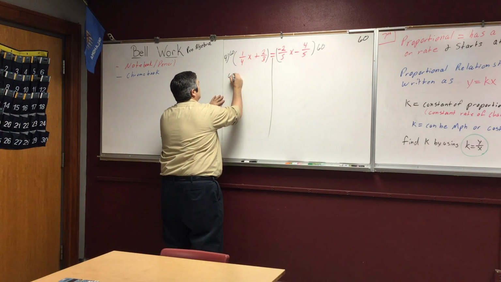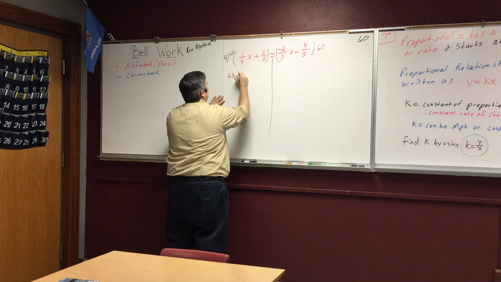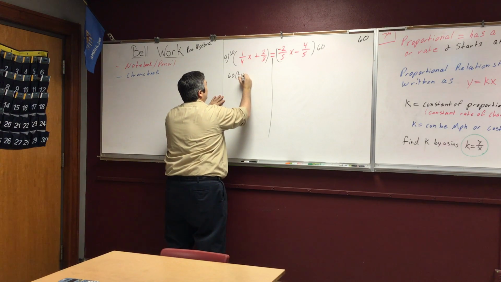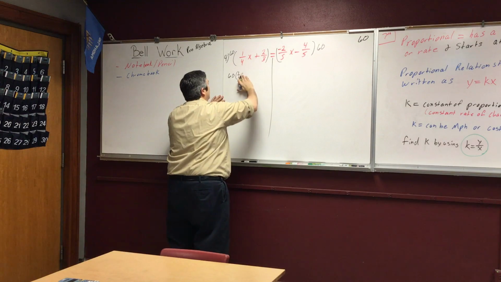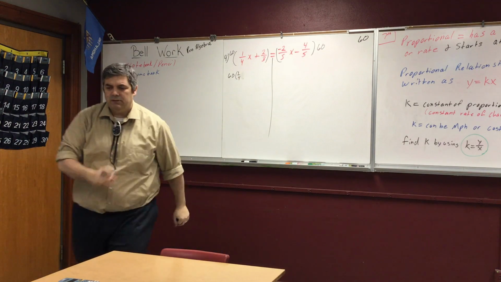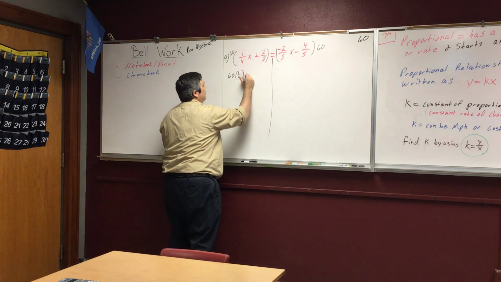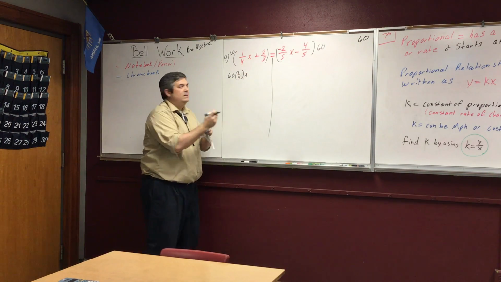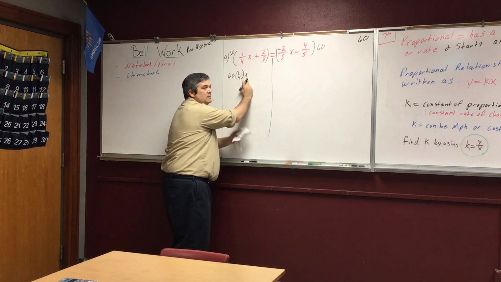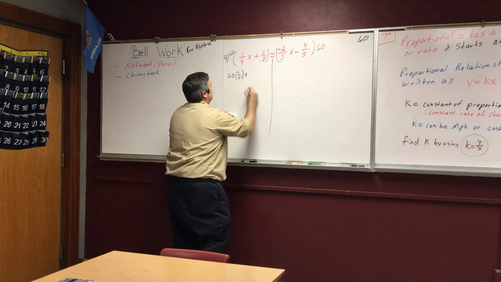So it kind of looks like this: 60 times 1/4. And here, I'm going to split this up so you can really see what's going on. 1/4 times x, right? Because this times this is what's going on here, okay?